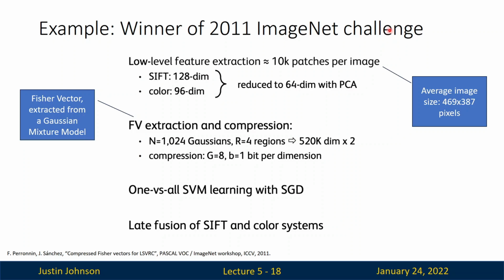So this is the winner of the challenge before AlexNet. So let's take a look at how they did. Okay, first, they check the SIFT feature. SIFT is scale invariant feature transform. So SIFT feature is very useful for image matching.